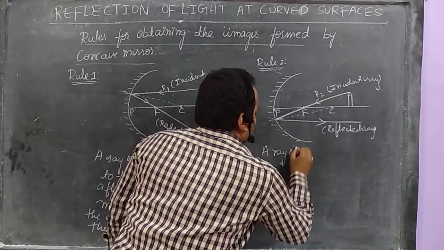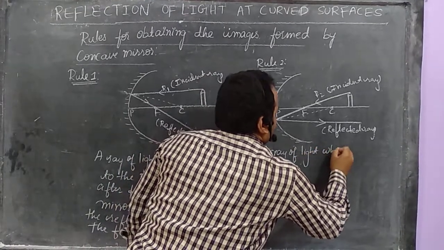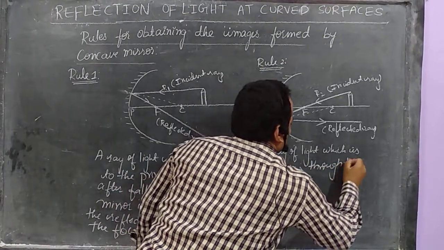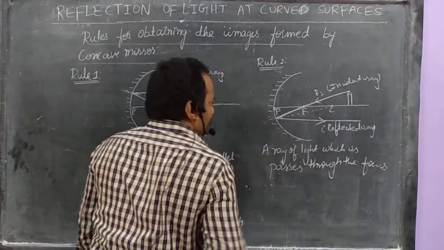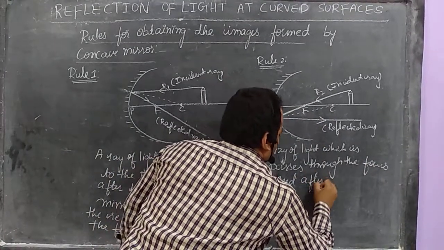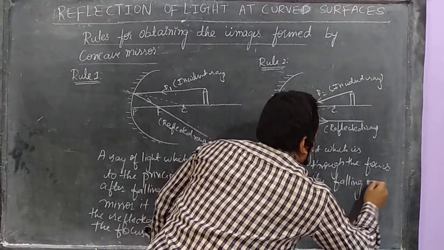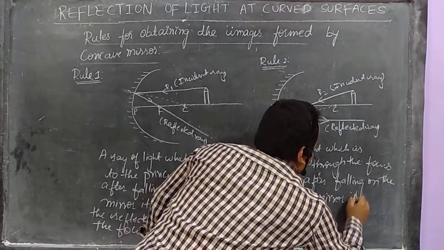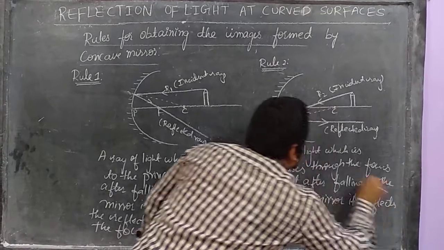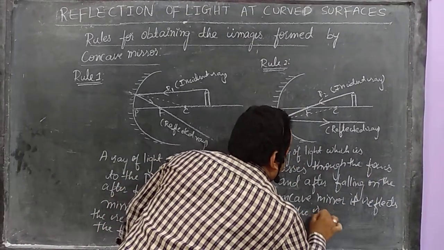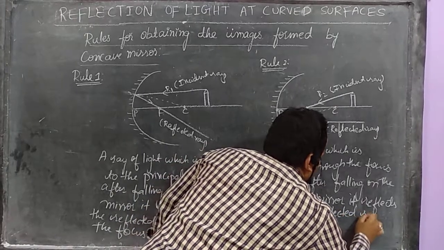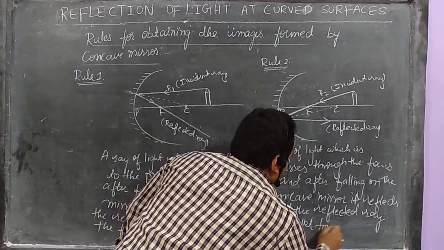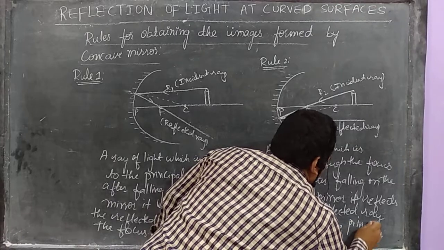A ray of light which passes through the focus, and after falling on the concave mirror, it reflects, and the reflected ray is parallel to the principal axis.